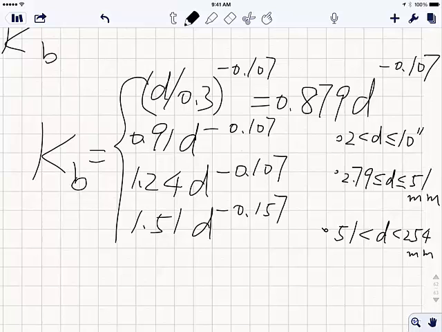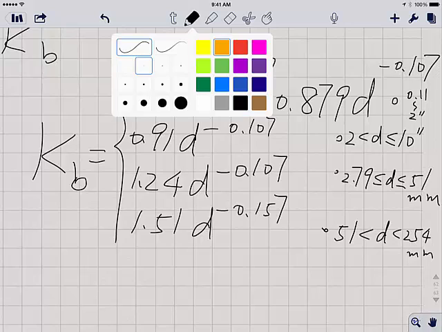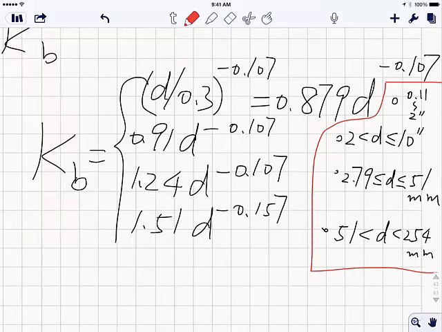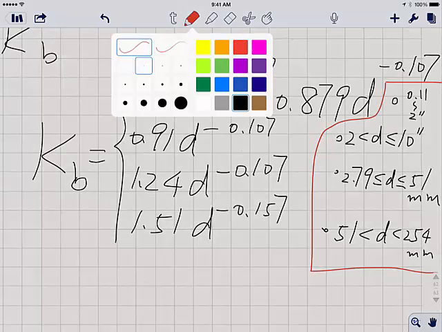All right, sorry, I have limited space. I use the red over here, so therefore you don't get confused. All right, so the first one is 0.11 to 2 inches, right? The second one is 2 inches to 10, and the third and fourth, they are just in metric, they're the same, right? If you multiply by 25.4, right?